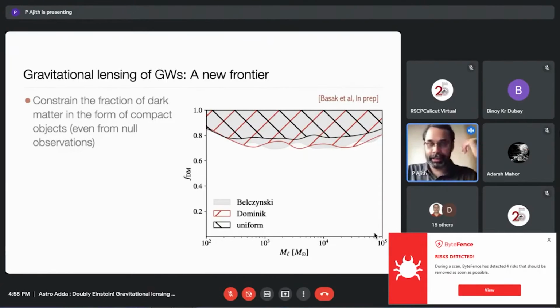These constraints are fairly modest right now, but with a larger number of observations coming up in the next few years, one can put very significant constraints on the fraction of dark matter in the form of compact objects. So these are some examples of potential probes that are being enabled by the lensing observations, or even non-observations, of gravitational lensing of gravitational waves.